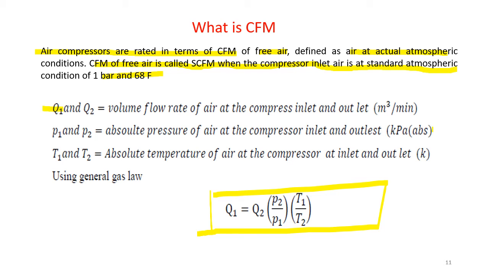T1 and T2 are the absolute temperature of air at the compressor inlet and outlet. The unit is Kelvin. So this is how you can find out the inlet capacity, or you can say CFM, which is required, because mostly these other terms you know with the application.